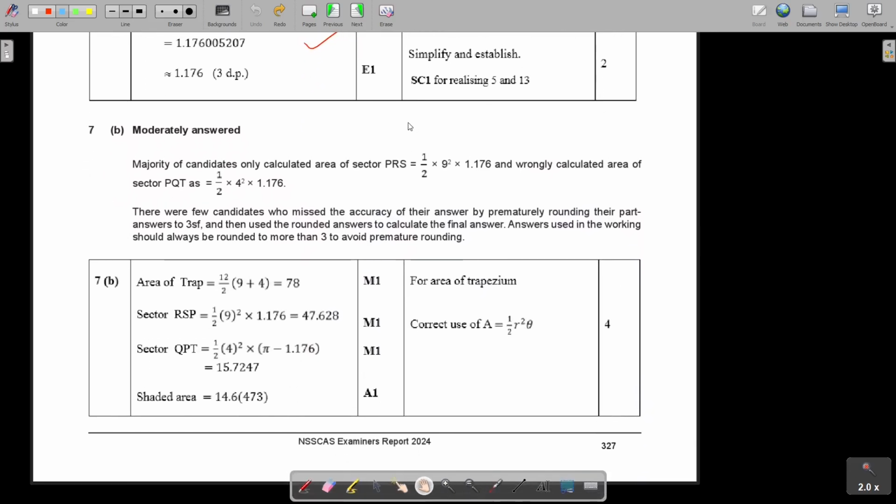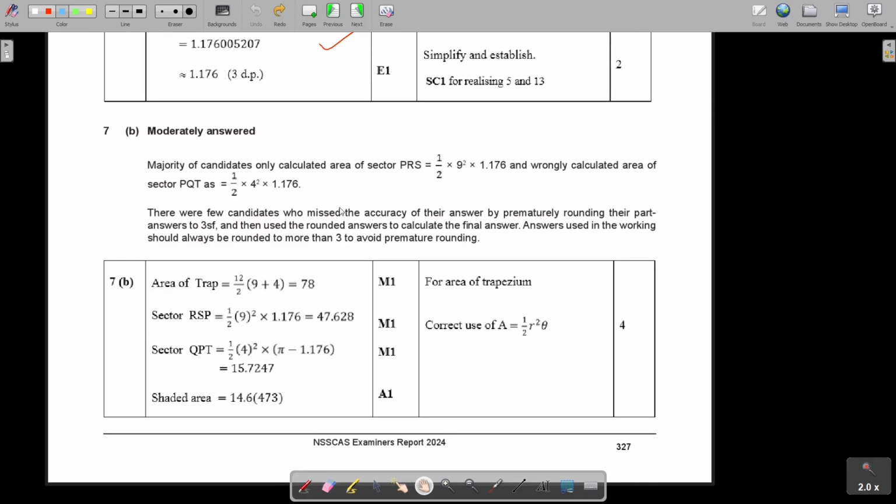And then the next one, it's moderately answered. The majority of candidates only calculate the area of the sector PRS, which was easy, and wrongly calculate the area of the other sector because they had to work out that angle. There were a few candidates who missed the accuracy of this answer by prematurely rounding their part answers to 3 significant figures and then used the rounded answer to calculate the final answer.